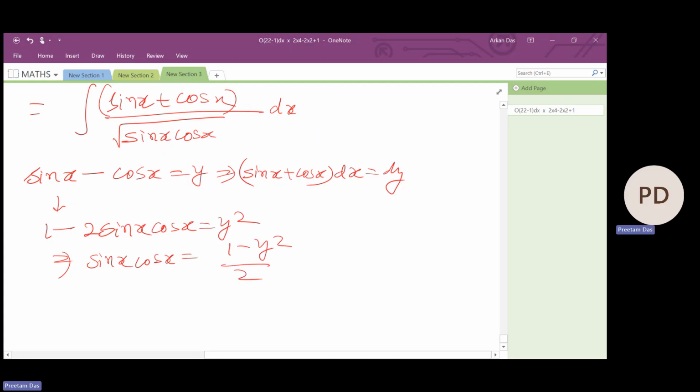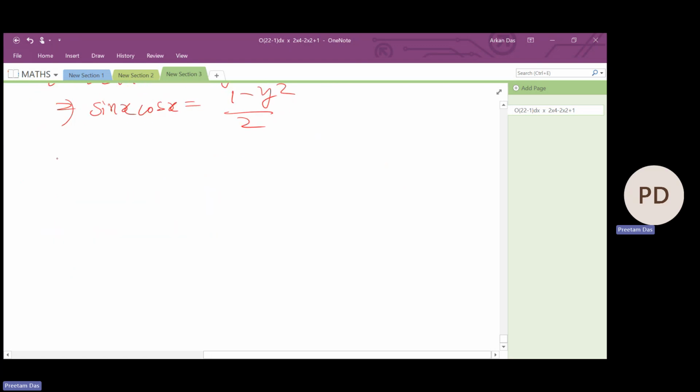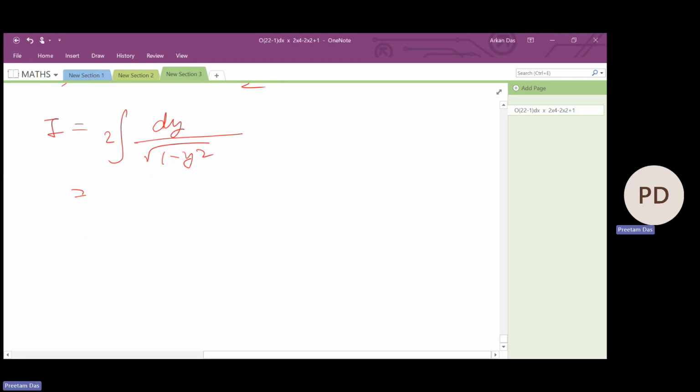So now we have to substitute all the values. Dy by root 2 square root of 1 minus y square. Root 2 sine inverse of y plus c. Now you have to express this in terms of tan inverse. In the question they have asked in terms of tan inverse.